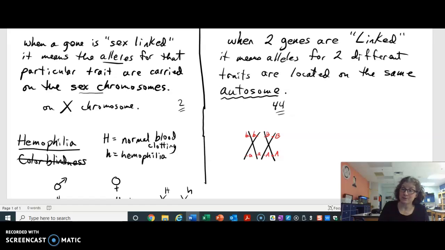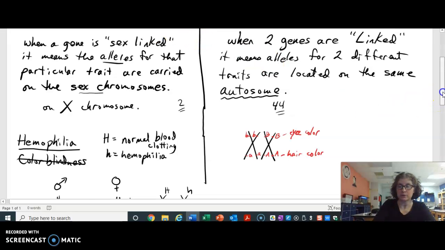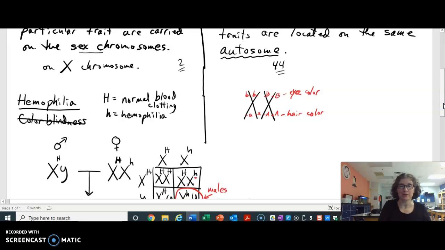Okay, so these genes for eye color, just using it as an example, and hair color are stuck on the same chromosome. Okay, they're stuck on the same chromosome. So that's not what happened when Gregor Mendel did his work with pea plants. He was very fortunate that what he saw was something like this.